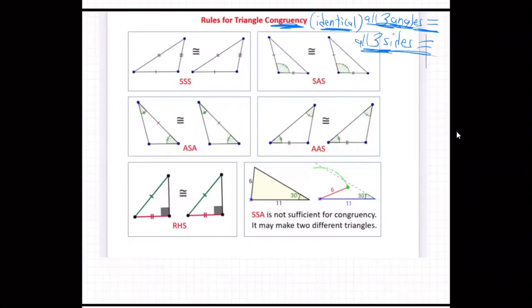So, okay, let's take a look. Now what does it take to prove that two triangles are really and truly identical to each other? Well, you don't have to have all 6 pieces of information, it turns out.